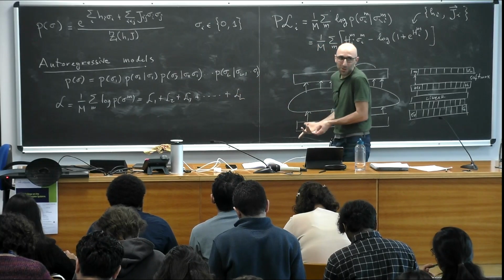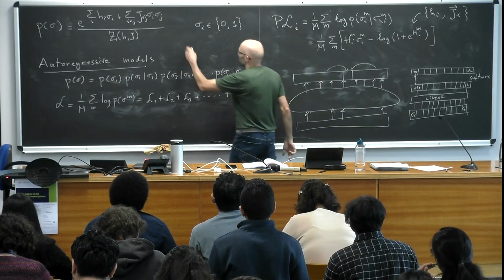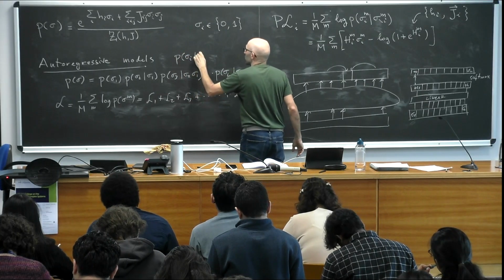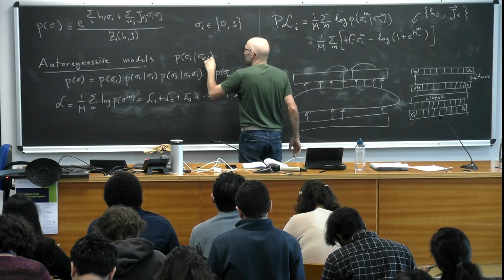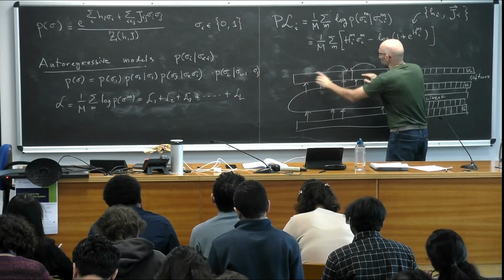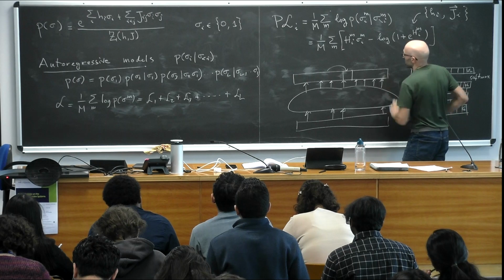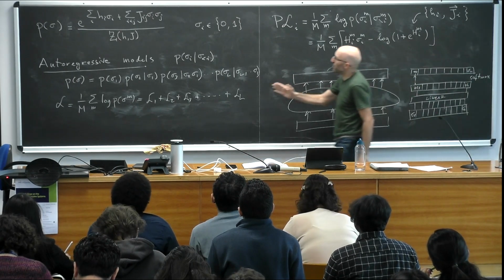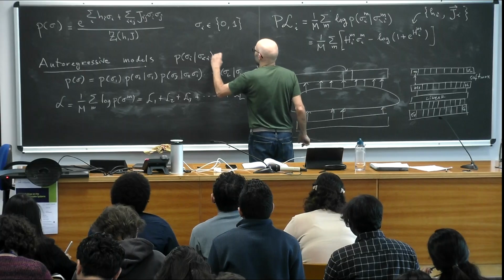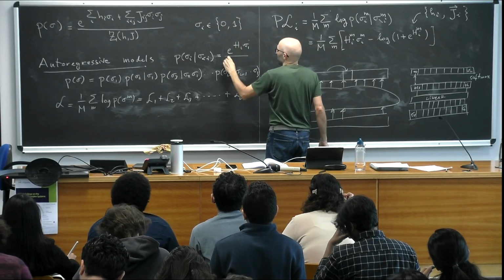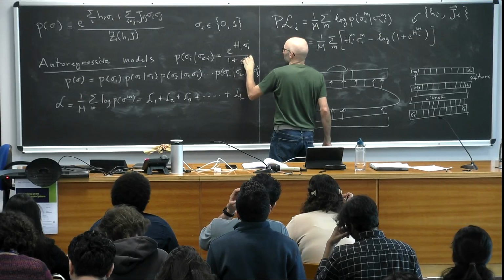So the simplest model is always the same. If you have this kind of variables, you can say, okay, the probability of sigma i conditioned to what is before. Now, it's not conditioned to everything, but only to what is before. So now you are changing the architecture. The probability of sigma i conditioned to what is before can be written as exponential of a field times sigma i divided by 1 plus exponential of the field.